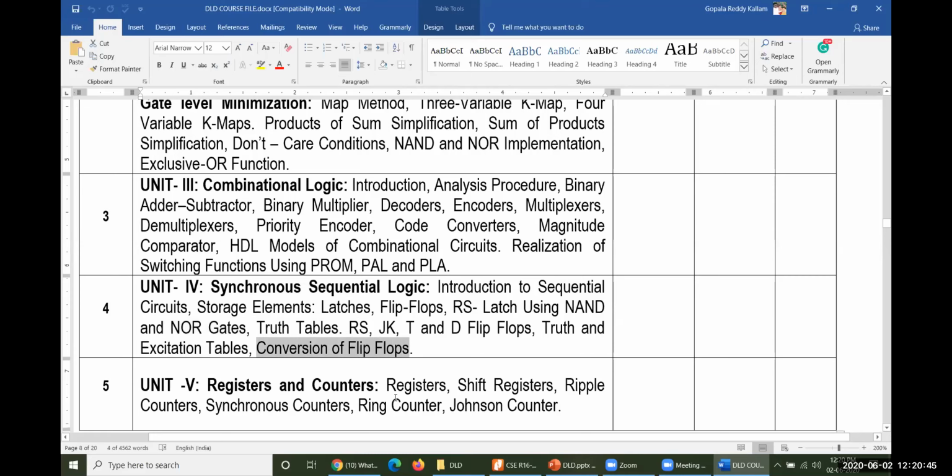Unit number 5 will introduce what a register is, what a shift register is, what a ripple counter is, what a synchronous counter is, and a ring counter. So these are 4 different concepts. We will take each concept for one Zoom hour and complete it. And finally, Johnson's counter will take 2 Zoom classes. So totally 4 plus 2, 6 hours, and everything will be completed.